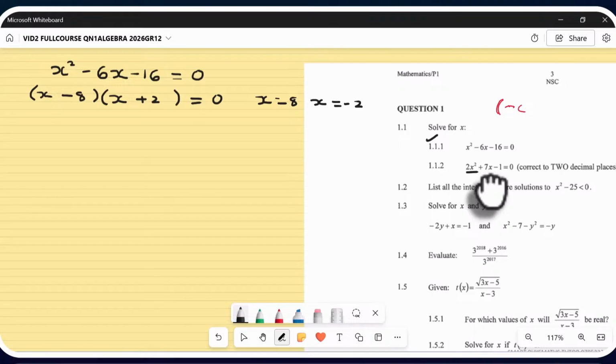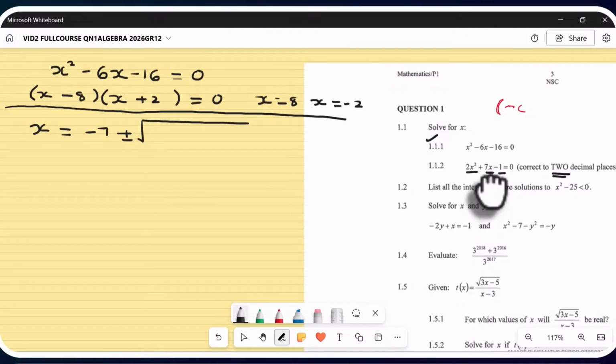So x equals minus b, and our b here is negative 7, so minus negative 7, plus or minus the square root of b squared, which is 7 squared, minus 4ac, but our a is 2 and our c is negative 1, then divided by 2a, but our a is 2.